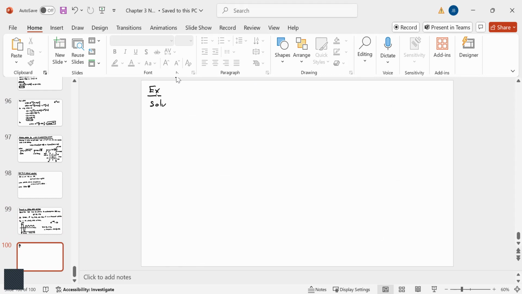Solve the IVP x double dot plus 2x prime plus 26x equal to 2 cosine 4t, sorry, 4t, not 2t, given x of 0 is equal to 0.